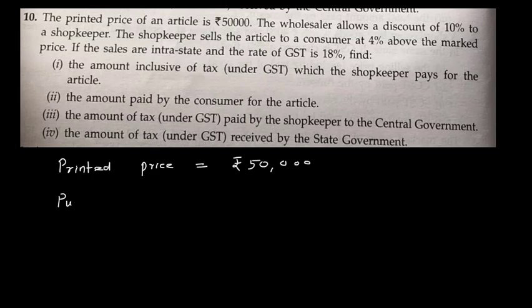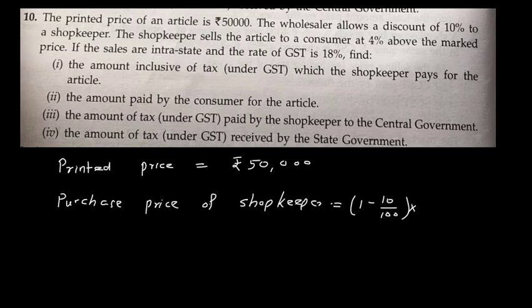Now the wholesaler, shopkeeper purchases it at 10% discount. So the purchase price of the shopkeeper at 10% discount is 1 minus 10 divided by 100 multiplied by 50,000.